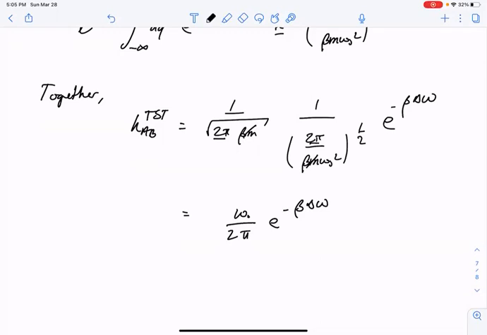And the rate is then the frequency of those attempts times the probability that the attempt got you to the bottleneck stage, exhibited the rare fluctuation that took it all the way to the top of the barrier, in this case, encoded by delta omega as the barrier height.